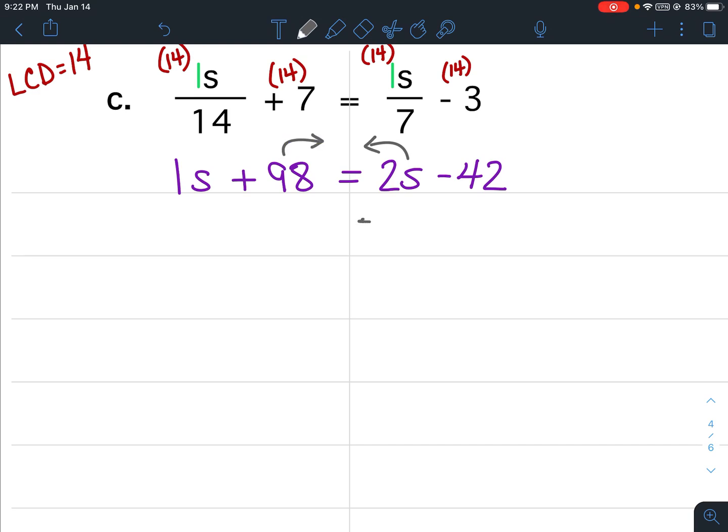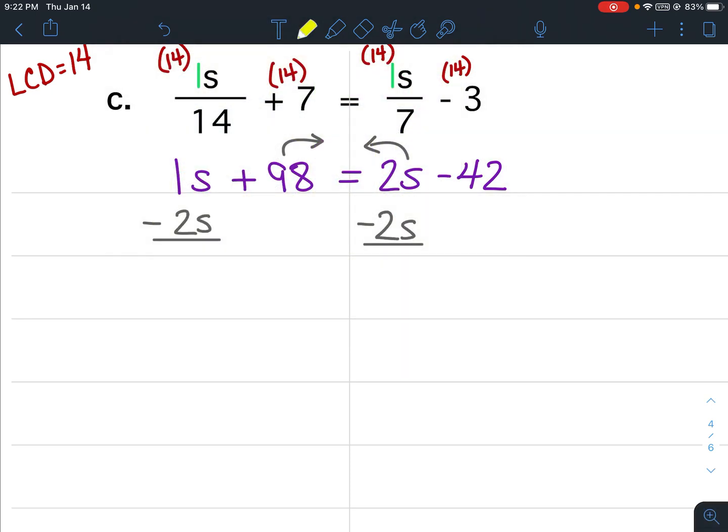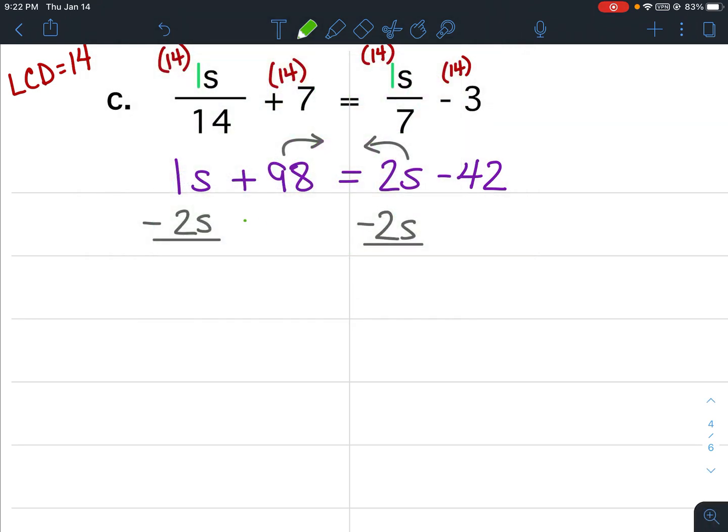So I'm going to start by subtracting 2s from both sides. And then I'm going to subtract 98 from both sides. It was a positive 98, so the inverse would be negative 98.